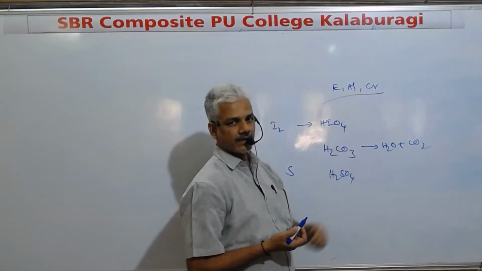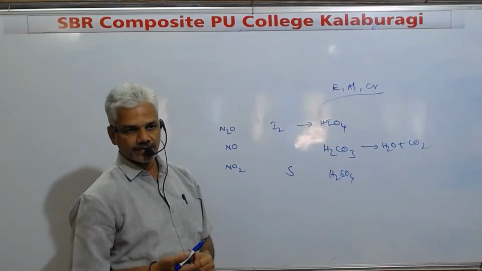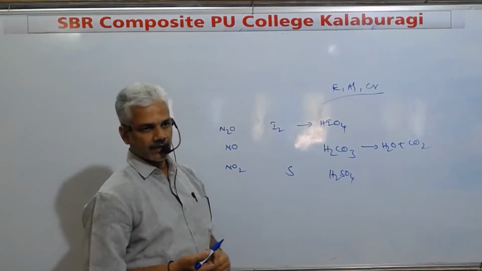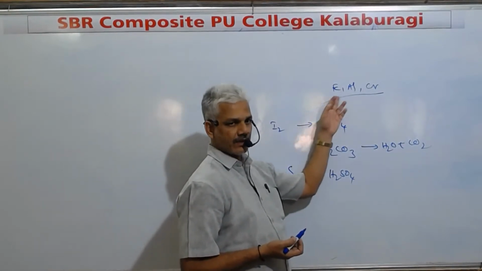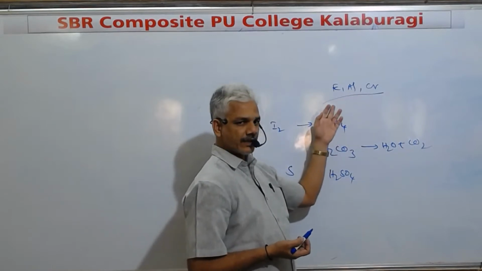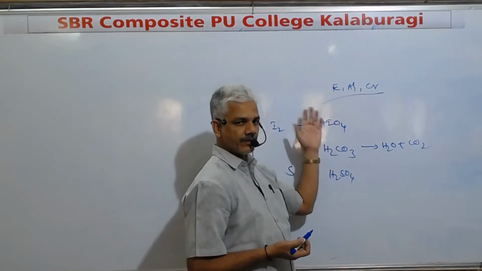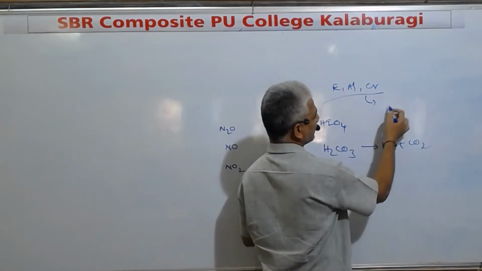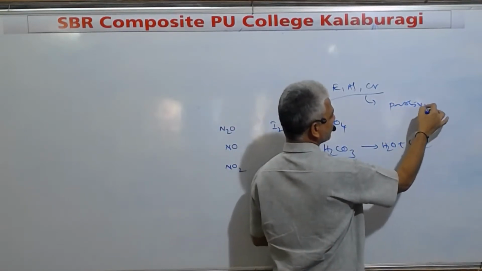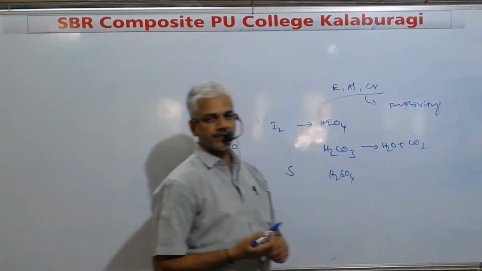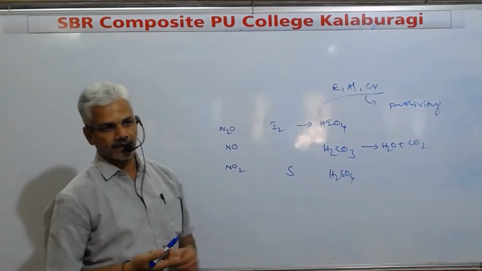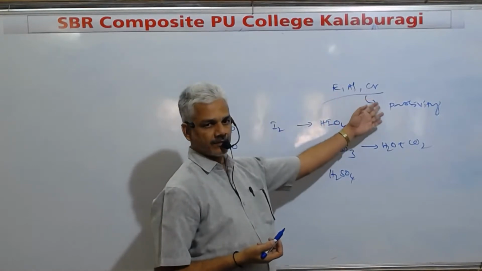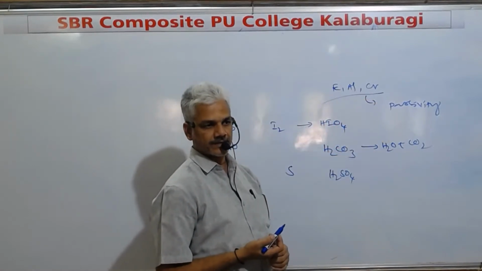A layer of oxide will be formed on the surface of these metals. And that thin layer of oxide will act as a protective layer for the remaining metal. So what is this called? Passivity is attained when these metals are made to react with nitric acid.